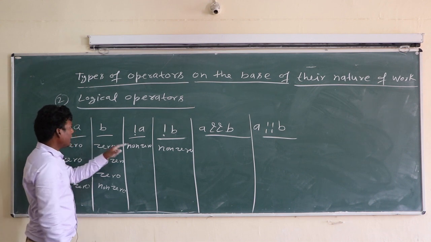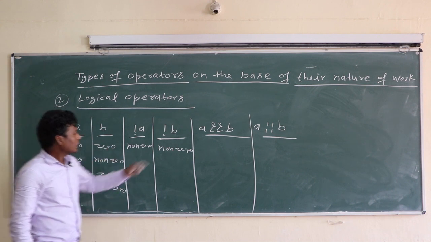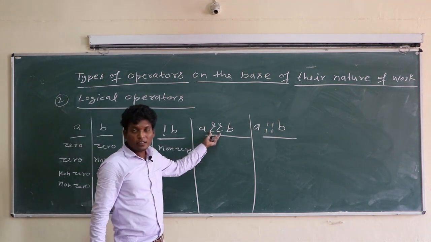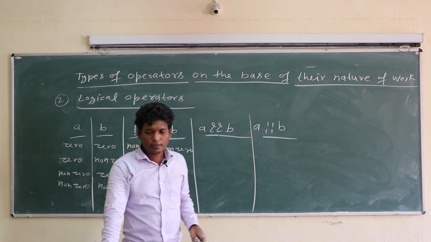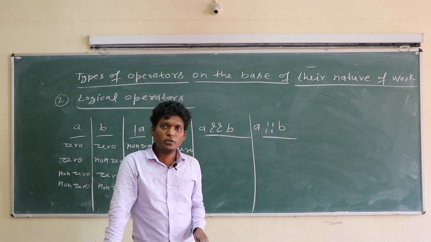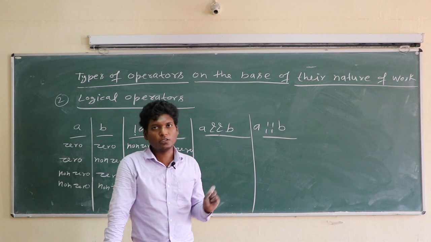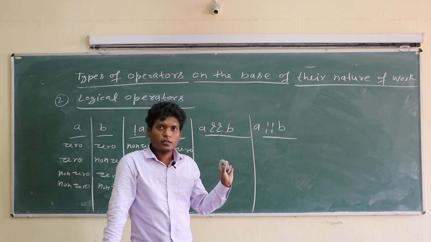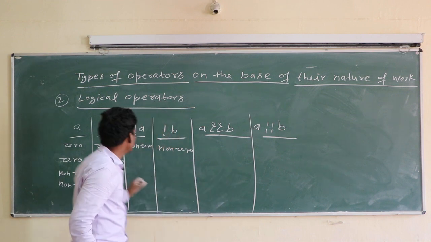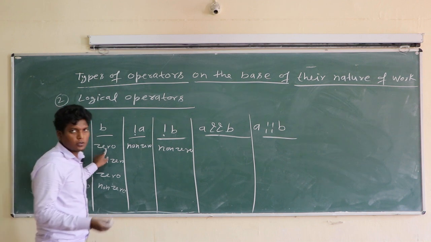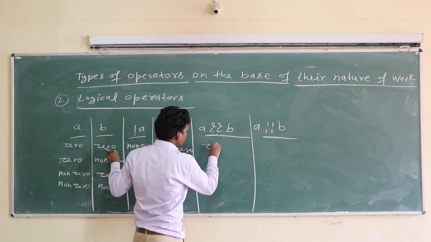A AND B: this is logical AND, and in logical AND, when both values are non-zero, the result will be non-zero. Otherwise, the value will be 0. So this is 0, this is 0. Logical AND operation becomes 0.